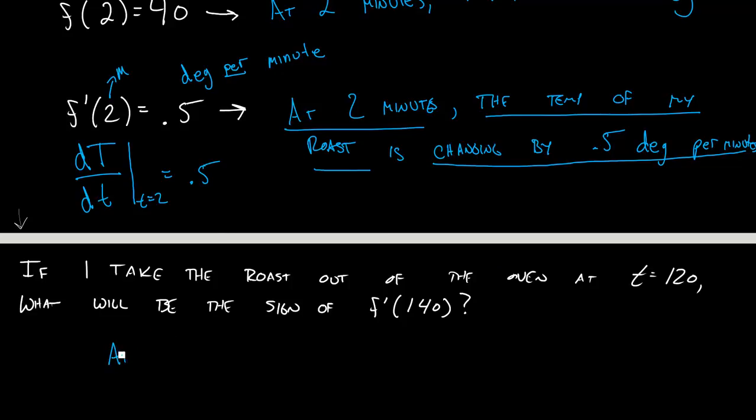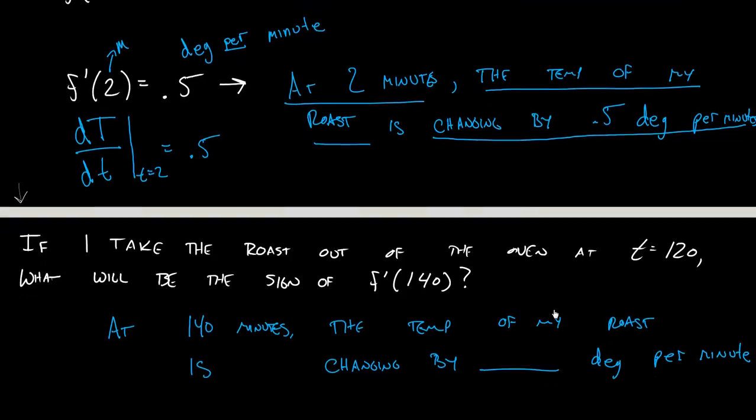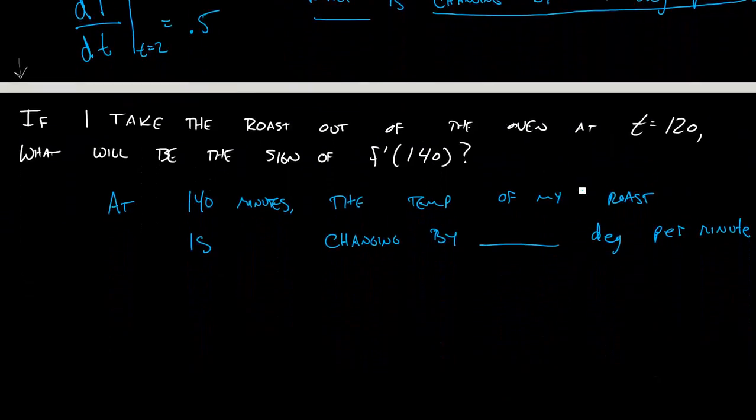So we'll say at 140 minutes, the temperature of my roast is going to be changing, but not by 0.5 this time, changing by blank degrees per minute. And whatever I put in this blank, that's what f prime of 140 is, right?